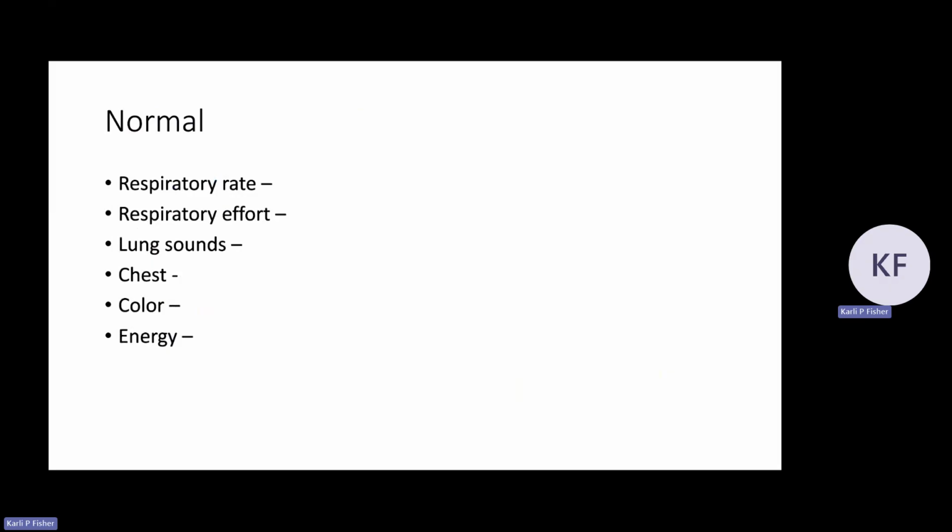Lung sounds, like I talked about, get comfortable knowing your normals so that you can help identify abnormals. The chest, we should expect to not see any barrel chest or accessory muscle use. Their chest movement should be symmetrical, making sure you don't see flail chest or paradoxical movements where one side of the chest moves more than the other when you breathe.